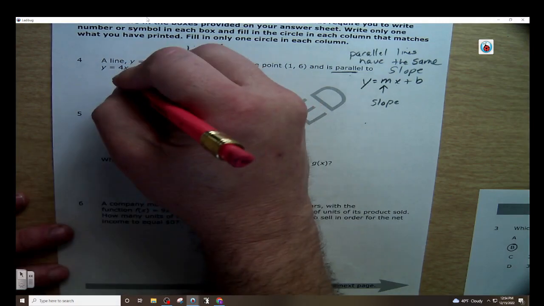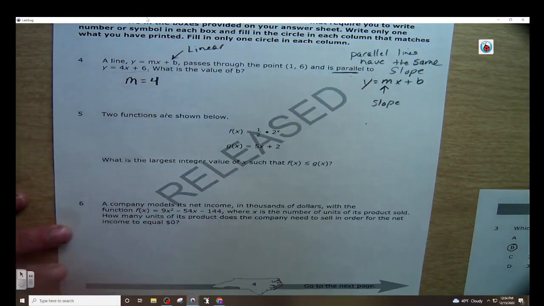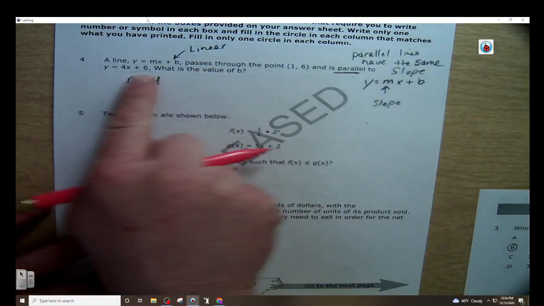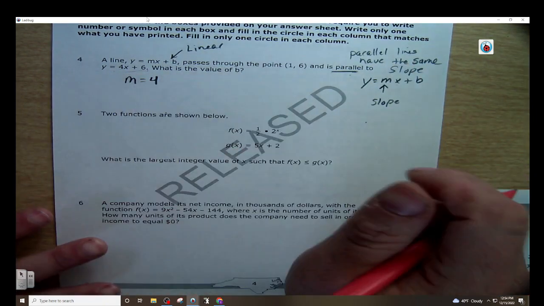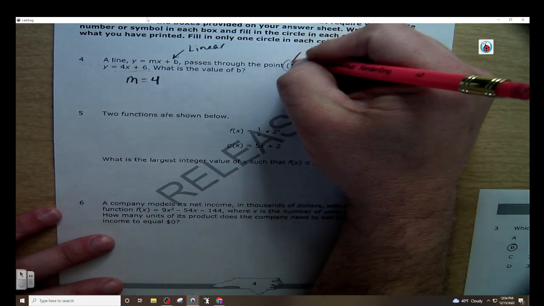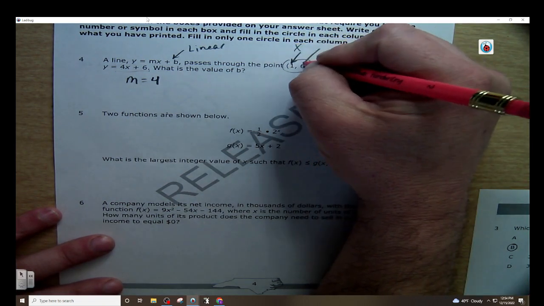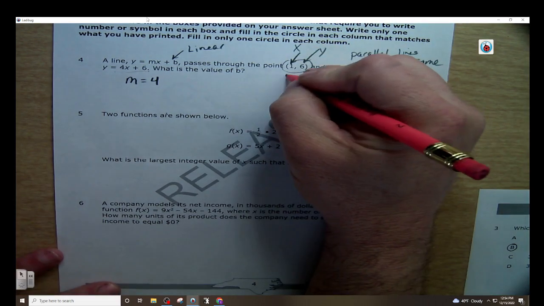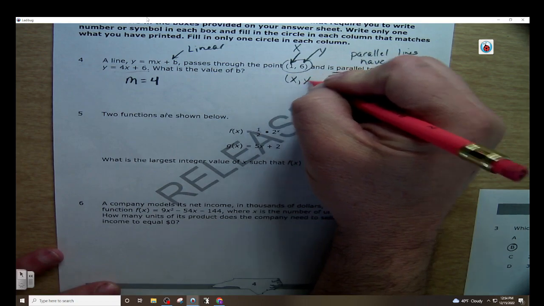Now, I know my slope is 4 because it's parallel. Parallel lines have the same slope. There's my slope. Now, here's my point. Now, guys, this is an x and a y. That's an x and a y value. Anytime you have a coordinate point, it's an x and y value.